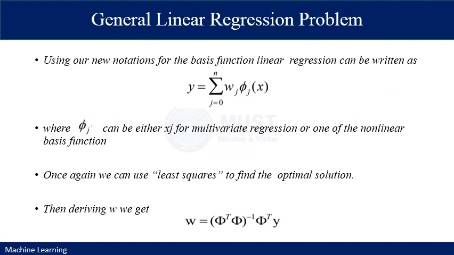So using our new notation for the basis function, linear regression can be written in a similar fashion to the linear model, just with the feature map here. So Phi can be either the input example itself for multivariate regression or one of the non-linear basis functions.